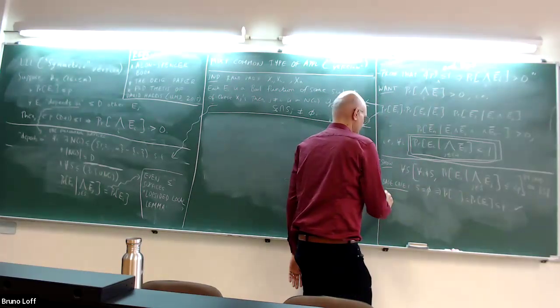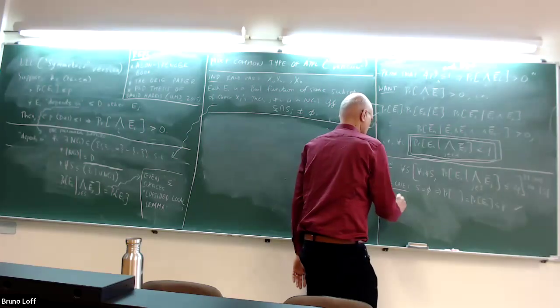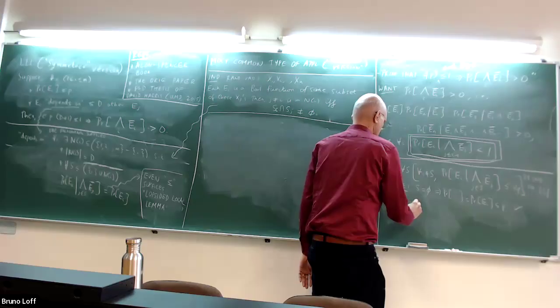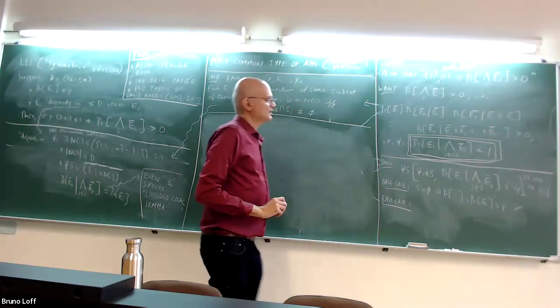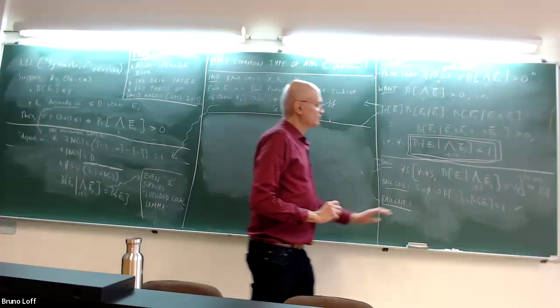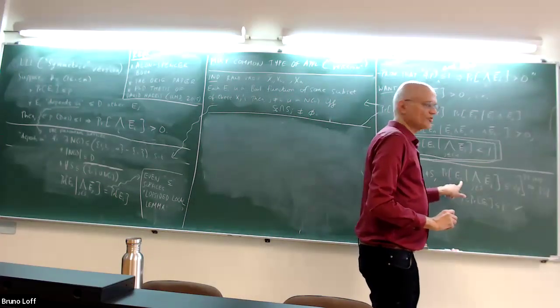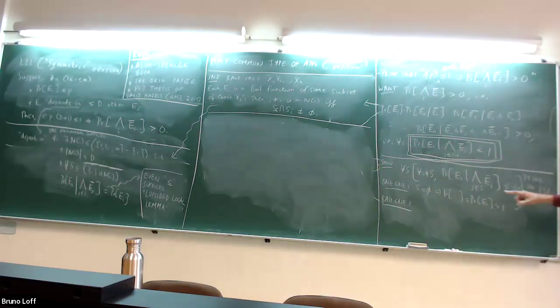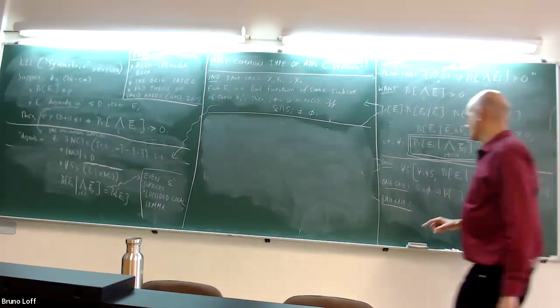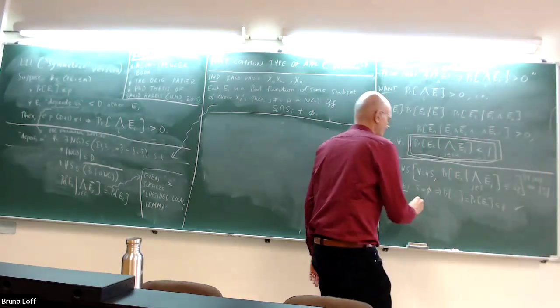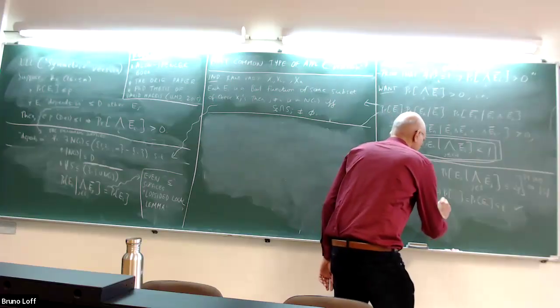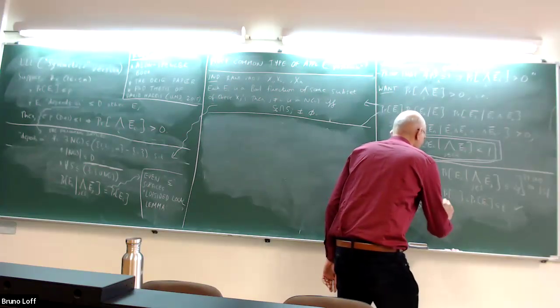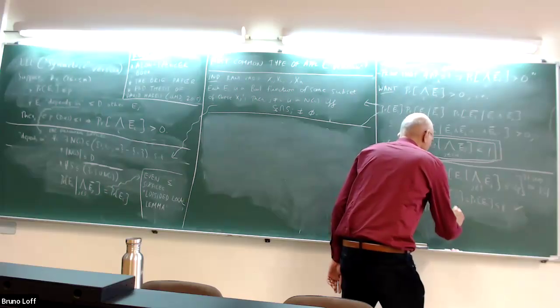The other easy case, base case 2, is if nobody in S is a neighbor of i. If in the dependency graph everybody here is a non-neighbor of i, then of course by independence, this is equal to the probability of E_i.